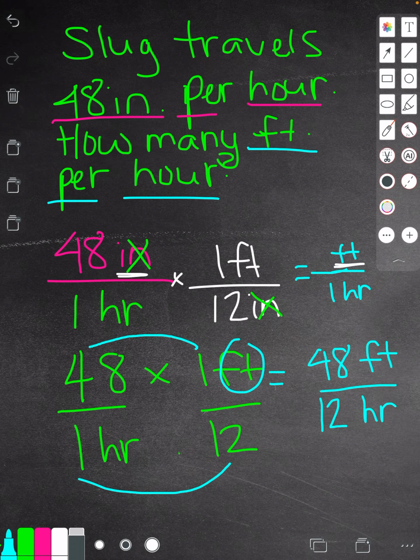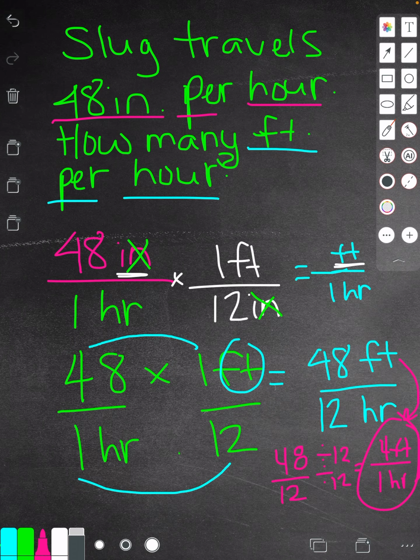If I count by 12s, 12, 24, 36, 48, I'm dividing both the top and the bottom by 12. Four, drag my measurement down, feet. 12 divided by 12 is 1. Drag my measurement down, hour. 4 feet in 1 hour.